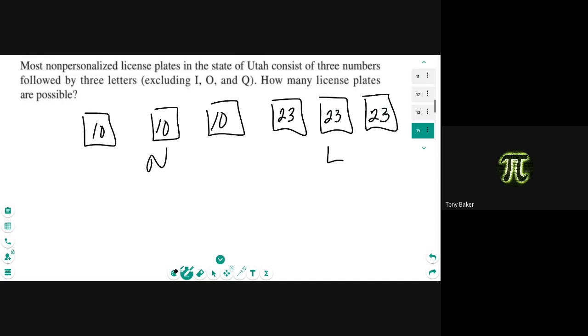So how many total license plates were there? Multiply them all together. 12,167,000. Good.